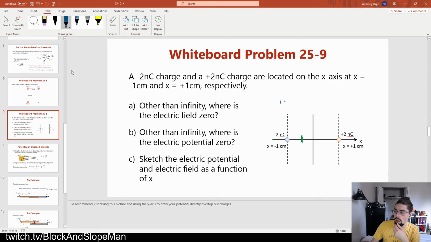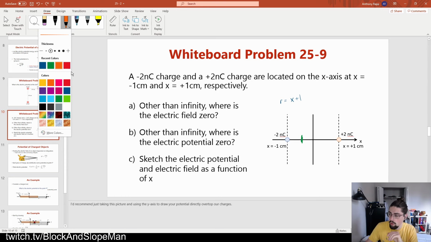R would be my x plus 1. When x is 0, that puts us right here, 1 centimeter away. So when x is negative 1, we get directly on top of our charge, which is r equal to 0. So that's what that's going to look like for the blue one.